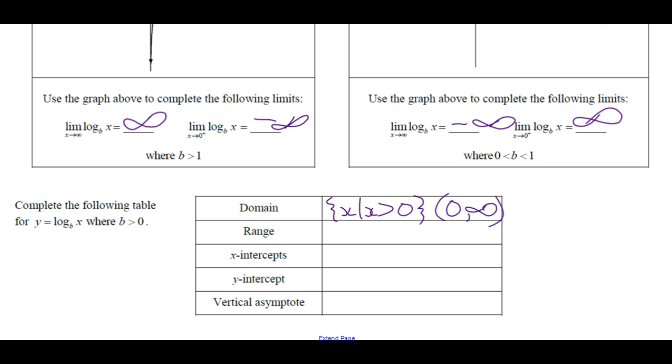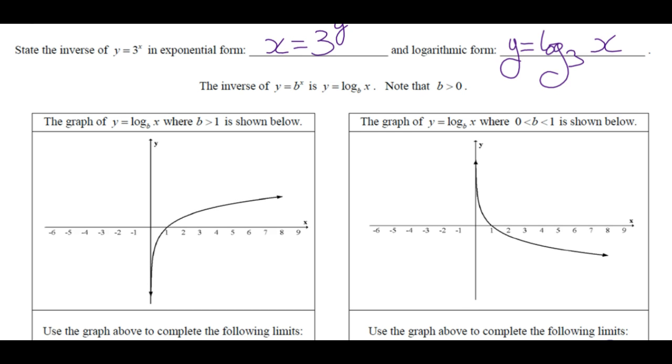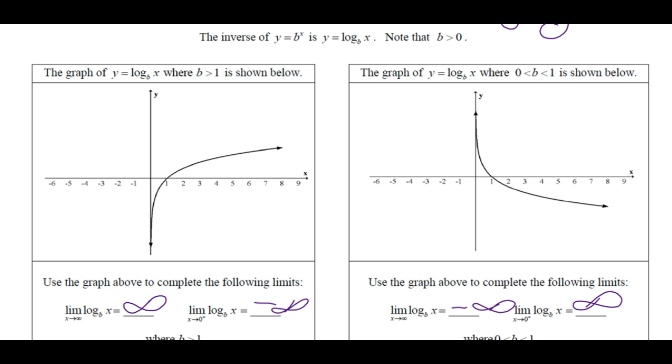The range is the elements of the reals, or negative infinity to infinity, which always uses round brackets. Infinity, always round. And the x-intercept is 1. The y-intercept, none.